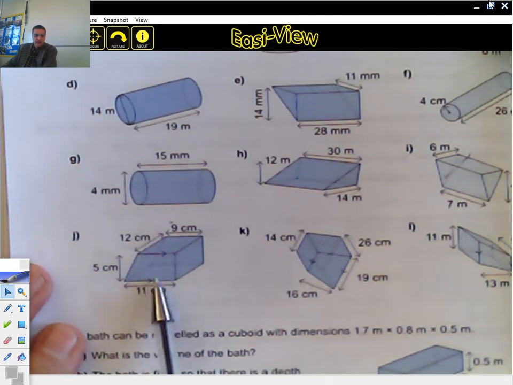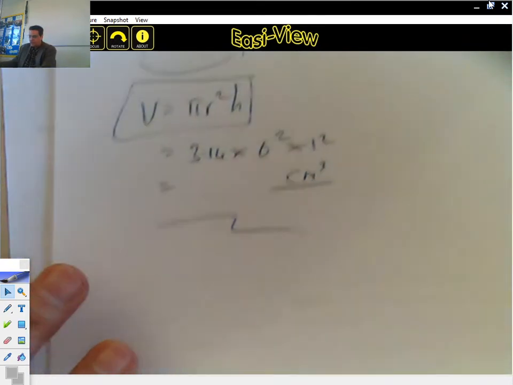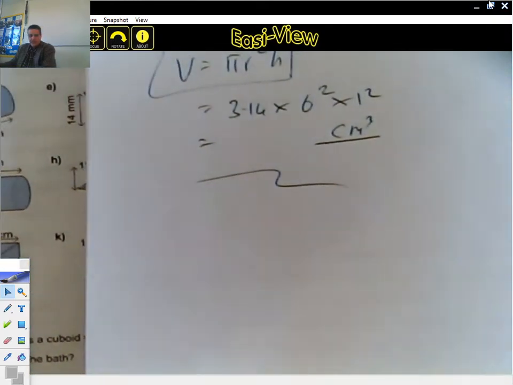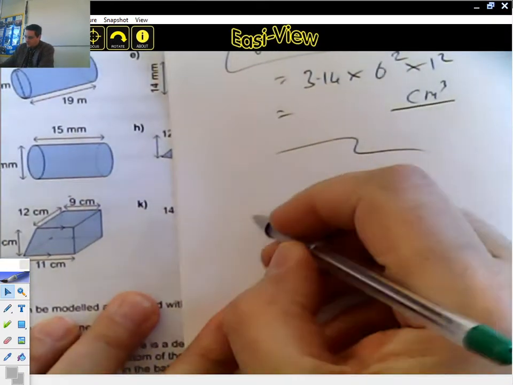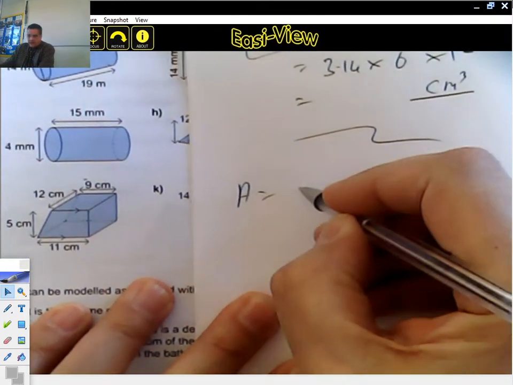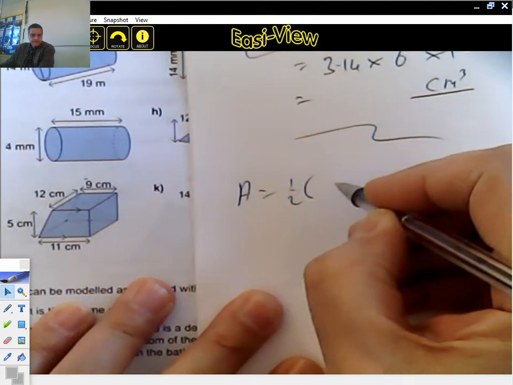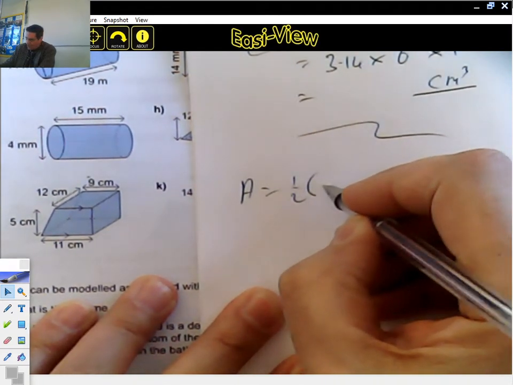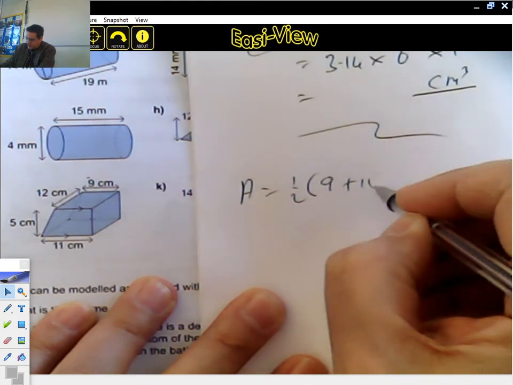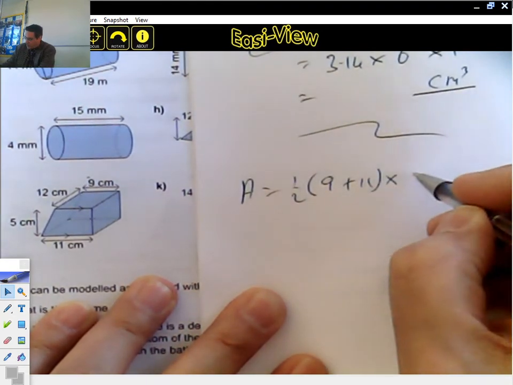Look at this one, for example. We've got a very clear trapezium. There's your A, there's your B, there's your H. So your volume will look a little bit like this. If I can just do it here. We've got the area is going to be half of, what's that, 9? Yeah, 9 plus 11, close bracket, multiplied by a height of 5.